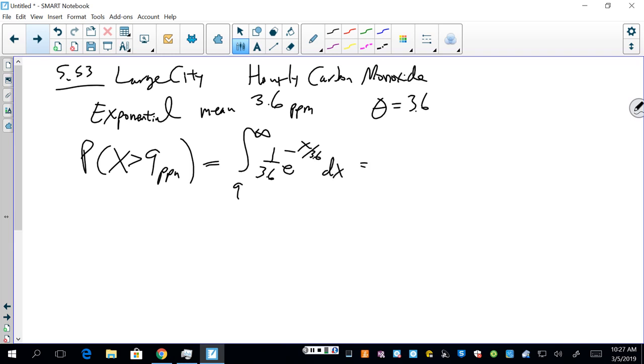We also know that works out just to e to the negative 9 over 3.6, and so that works out to be about 8%. About 8% of the time, the measurement's over 9 parts per million for the carbon monoxide.